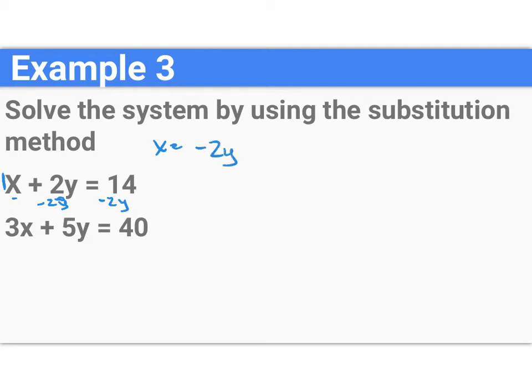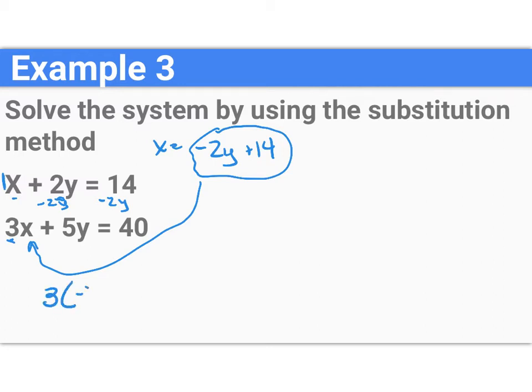equals negative 2y plus 14. Now that I have the x by itself, I'm going to take this and substitute it in for x. And don't forget about this 3. Most students forget about the 3. So watch this. This is another reason why you put things in parentheses. 3 times negative 2y plus 14, plus 5y equals 40.